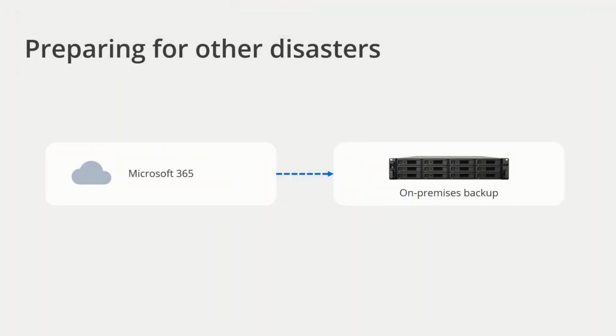Now, obviously, this is a brilliant way to back up from the Microsoft 365 cloud to our on-premises NAS. But that doesn't actually protect us from absolutely everything. Now, I'm sure you've all heard of the 3-2-1 rule of data protection.